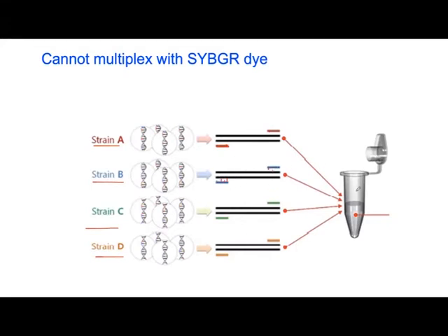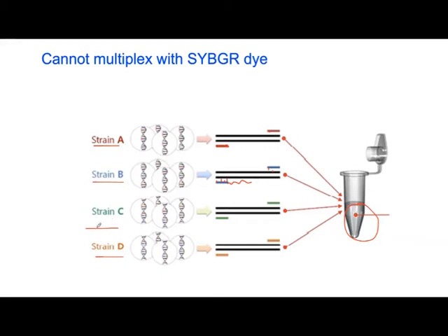If you're using SYBR Green, remember SYBR Green does not differentiate between sequences. It binds to any PCR product, so all the fluorescence you get in the tube during the PCR will come from all the strains. That's why SYBR Green cannot differentiate between them. The only time SYBR Green can differentiate is when the PCR product size is different, and I'm going to talk about it in one of the applications, but not now.